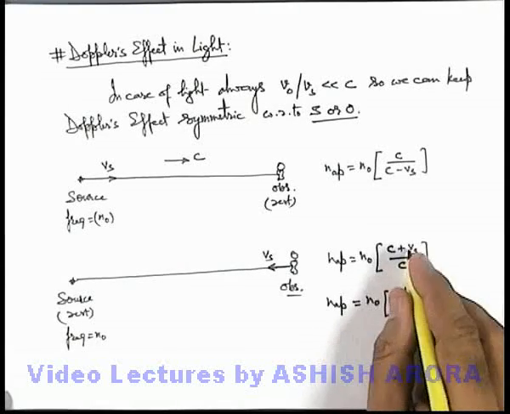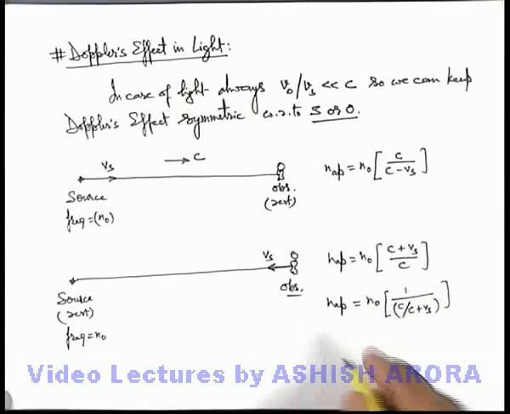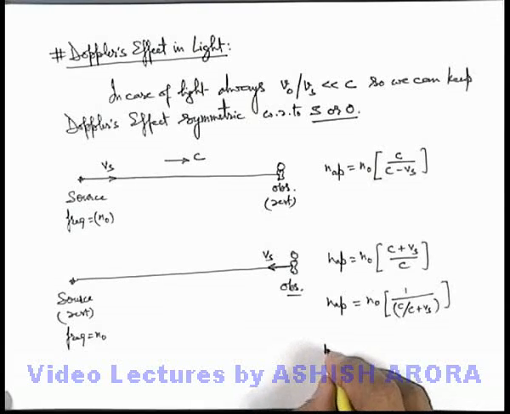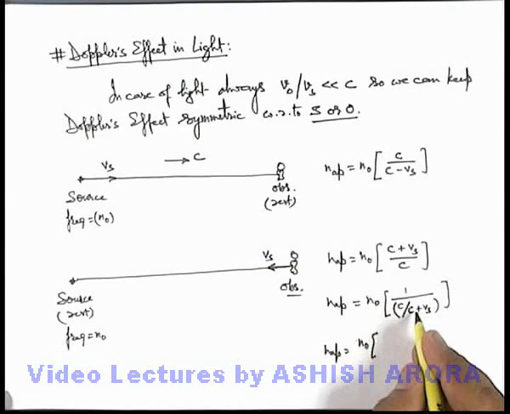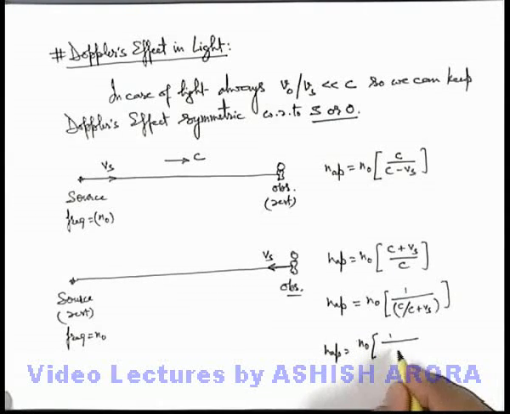I have taken the numerator into the denominator, and so n apparent equals n0 times 1 by 1 plus Vs by c, to the power minus 1. I've just rearranged the terms in the denominator, and as Vs is very small compared to c, I can apply the binomial approximation and take this negative sign in.